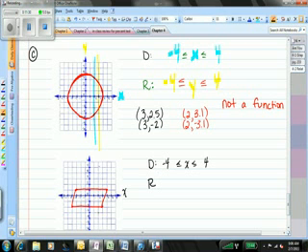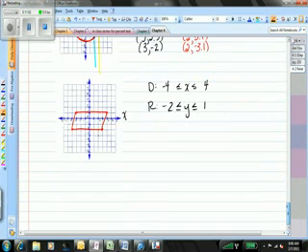All closed shapes, right. What if it's not? We'll do one of those in just a minute. All right, let's talk about the range. What's my highest y value? 1. What's my lowest y value? -2. y in the middle. So that part we've got. Is it a function? No. We did the vertical line test, and we said it is not a function.